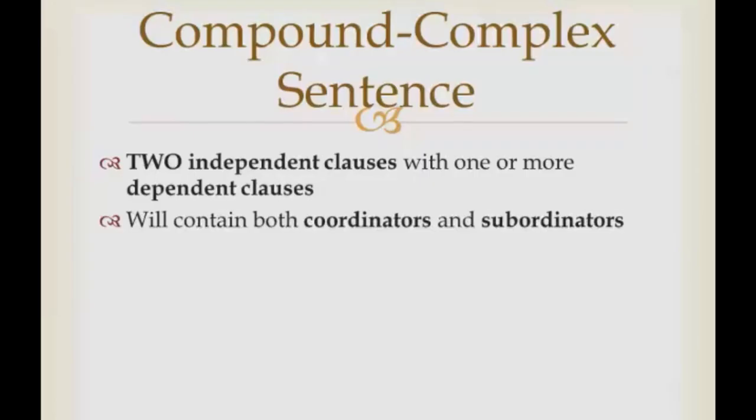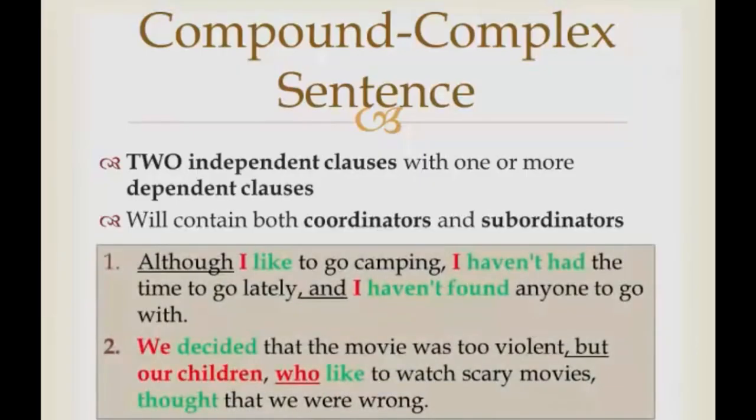So in this sentence, you can expect to see both coordinators like and, but, and also subordinators like although, because, since, when, and relative pronouns like that, which, who. So for example, although I like to go camping, I haven't had the time to go lately, and I haven't found anyone to go with.